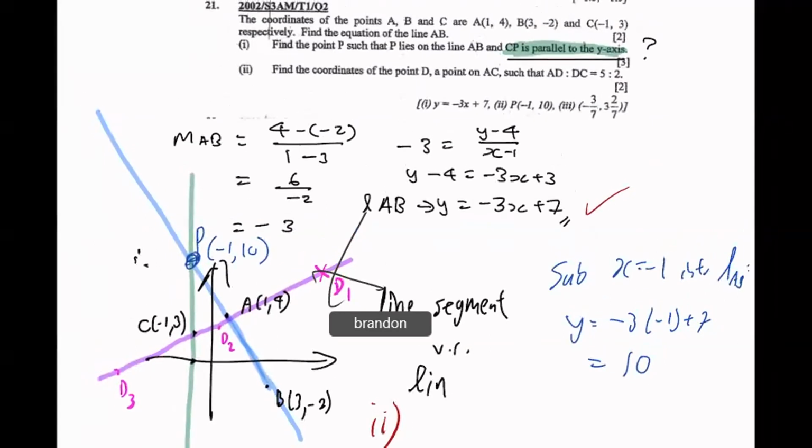Is it correct? Let me think a bit. Yeah, correct. AD should be longer, right? So D1 is out. How about D2? Is that possible? Maybe D should be a bit closer to the point C. Then how about D3?